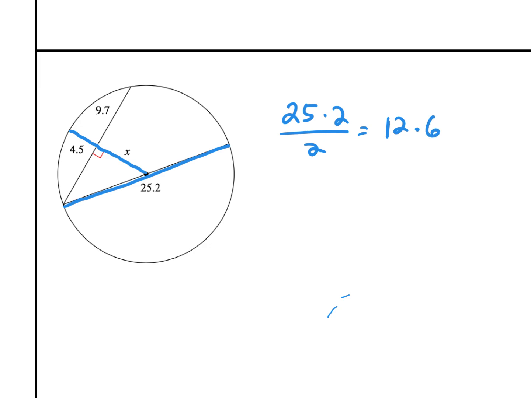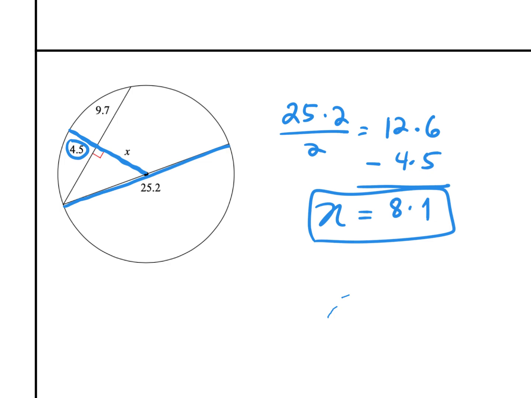Now I see this number in here, 4.5, which is part of this radius. So it means I can just subtract it. Subtracting 4.5 is going to give me 8.1. Therefore, the value of my x in here is 8.1.